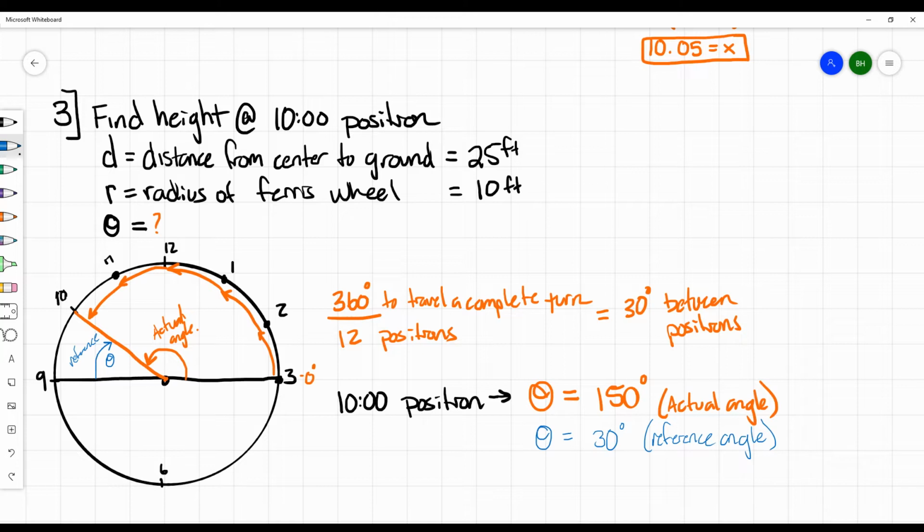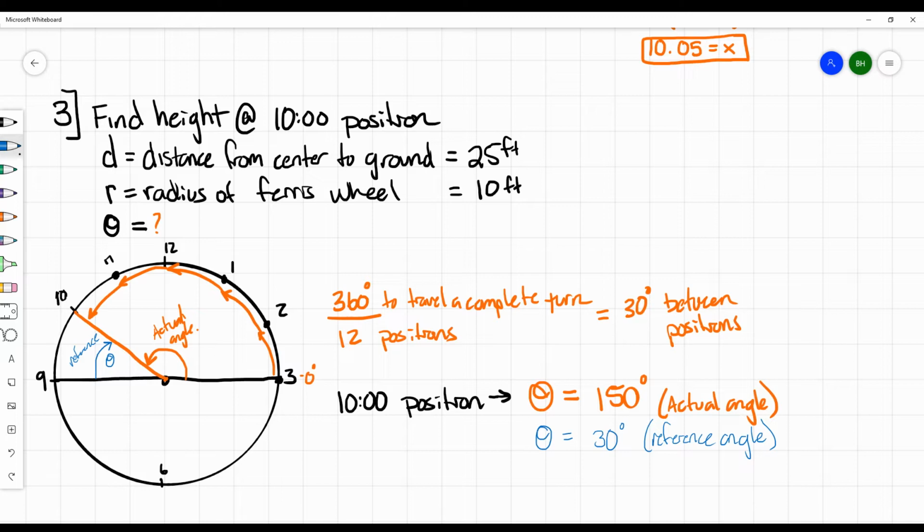Okay, so the reference is actually how much is left over after the actual angle is already discovered in reference to the x-axis. Now, we are using reference angles to the x-axis. Now, you can use reference angles to the y-axis, and then I'll give you something a little bit different. But in this type of problem, we will be using reference to the x-axis. So it's the closest distance down to the x-axis.